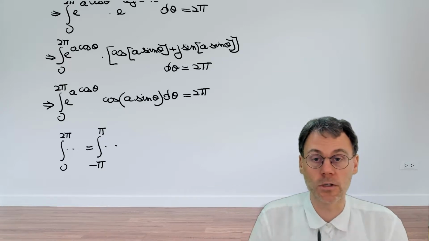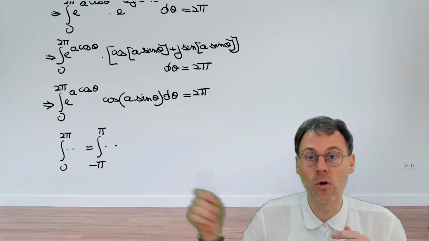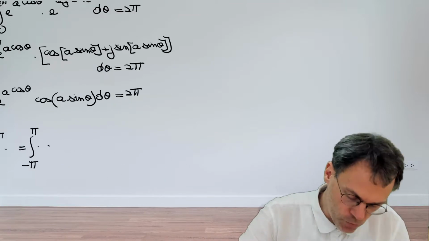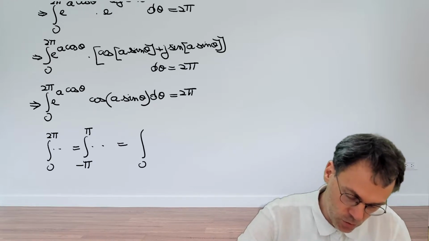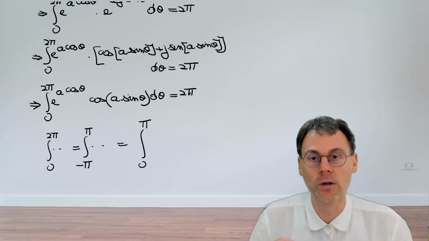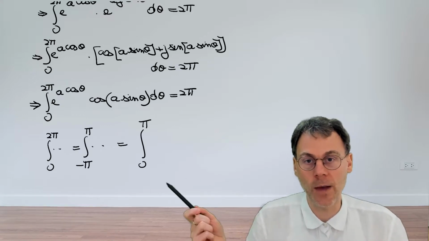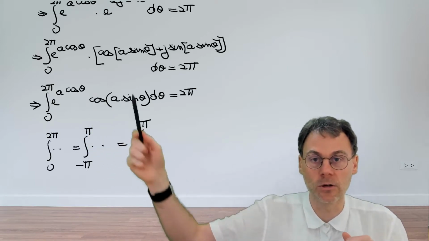Both of these functions have a period of 2 pi, so we can just shift the integration to go from minus pi to pi. What we're really interested in is an integral from 0 to pi, so only half of that integration domain. And the question is, what happens if we replace theta by minus theta here in the integrand?